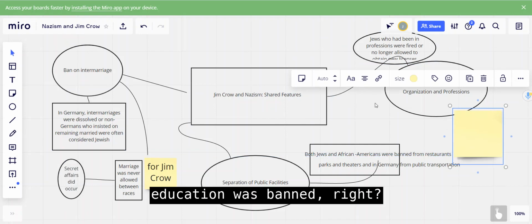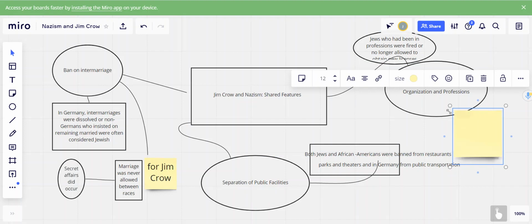initially education was banned, right? So you could say, initially, from the start of slavery in 1619, slaves were forbidden to learn and to be taught how to read and write.